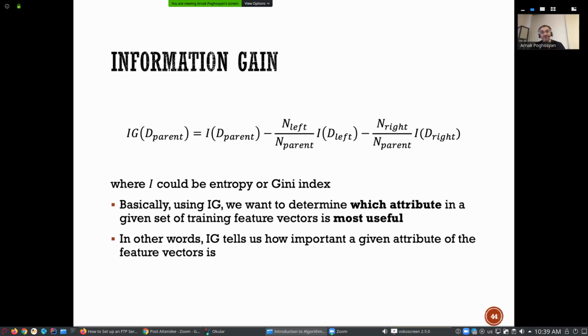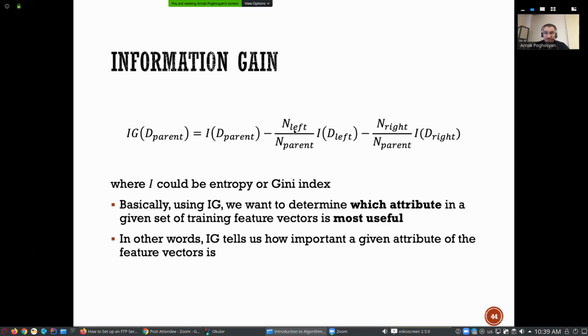So here we have the Gini index of the parent. In the parent domain, we have different classes. For each class, we calculate the corresponding probability, and based on these probabilities, we calculate the Gini index or entropy measure.